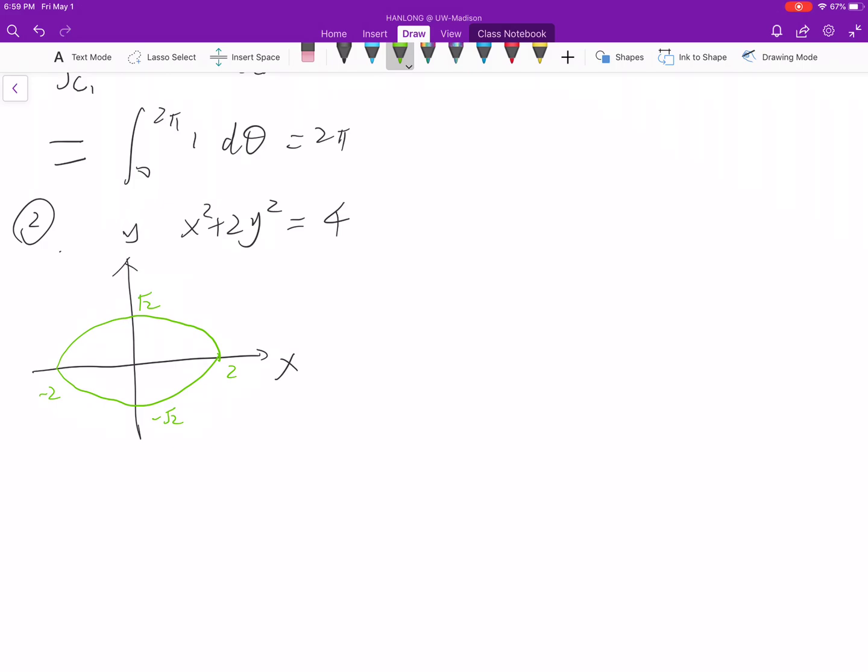Okay. So method 1. You can use x is 2 cosine theta, y is square root 2 sine theta. Use this parameterization, you can compute.